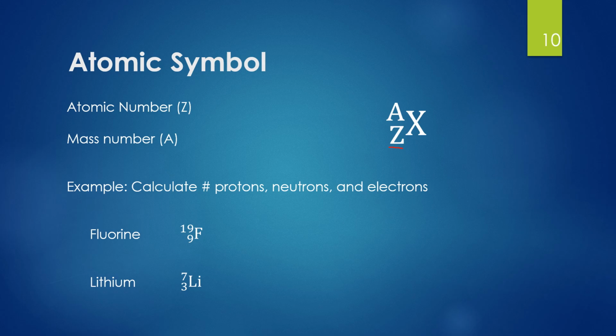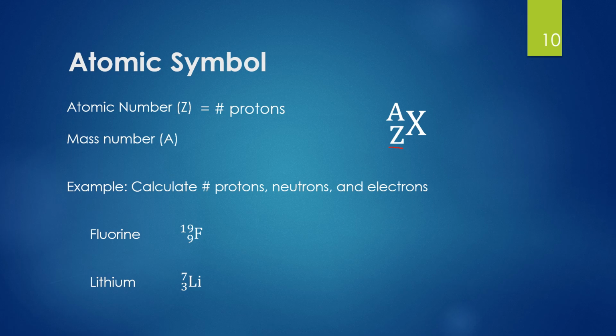Well, the atomic number is equal to the number of protons of that particular atom. Now remember, when we're talking about the number of protons of an atom, that defines the identity of the atom itself. So the number of protons do not change for a given element.